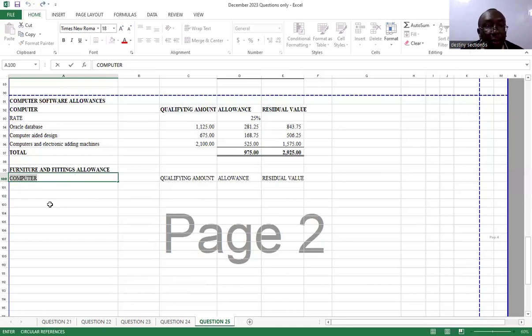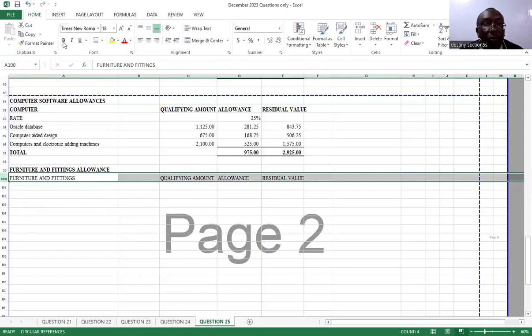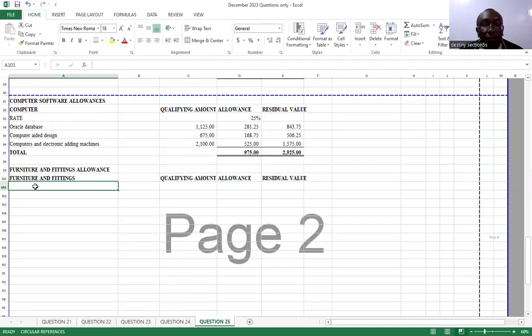Where am I copying? Oh yeah, sure, it is there. Then we bring the rates. The rate for furniture is what percent? 10%. 10%, good. So you make it 10%.